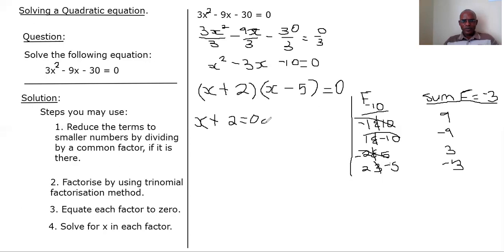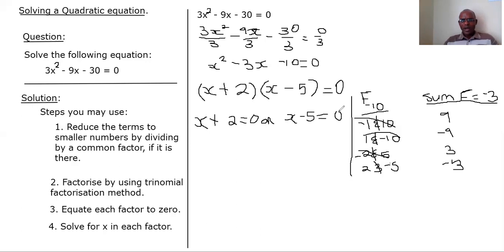Or the second factor, which is x minus 5 is equals to 0.